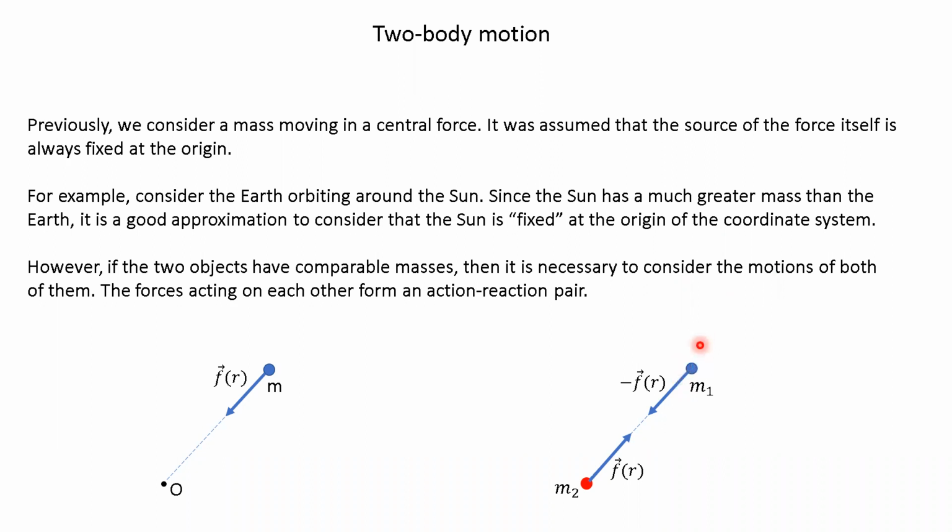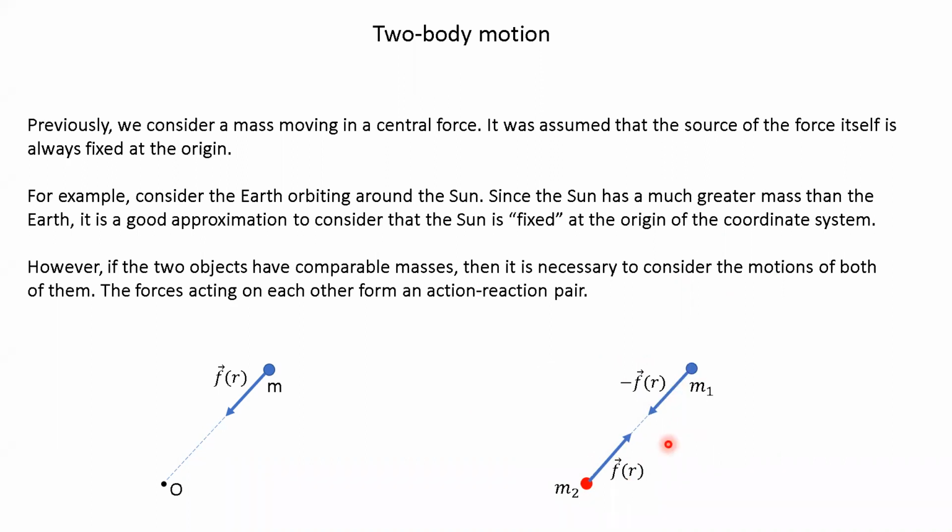Just like the picture over here, I have M1 and M2, the forces are indicated by these two arrows, and both of them are moving. This is what we are going to deal with today.